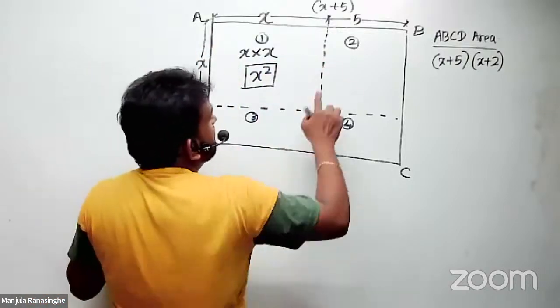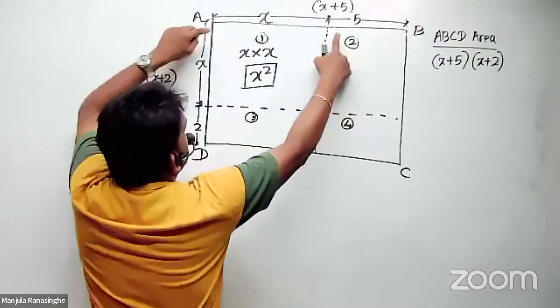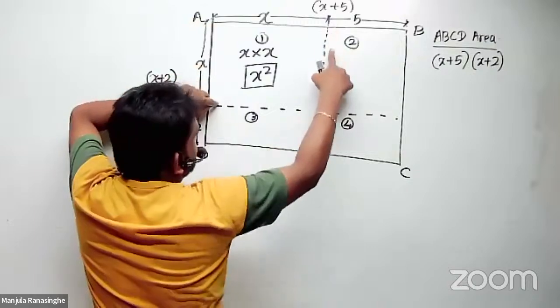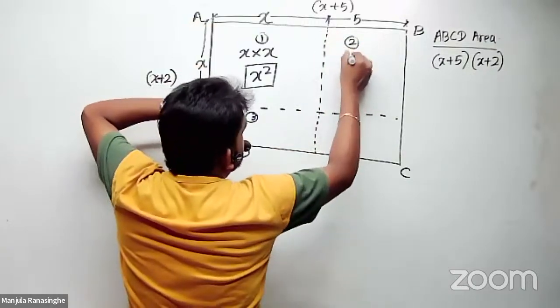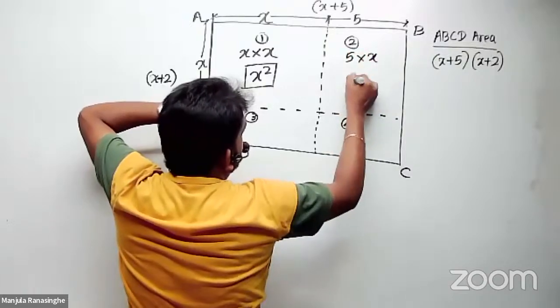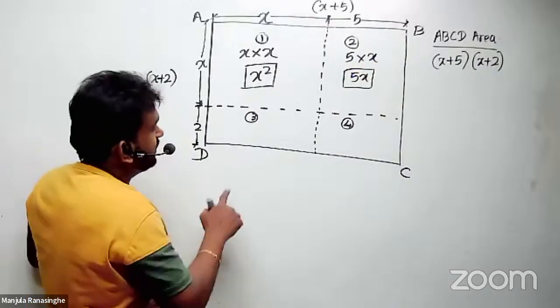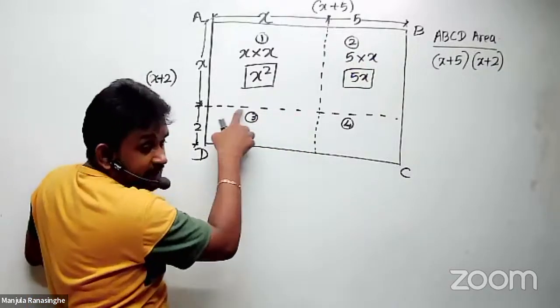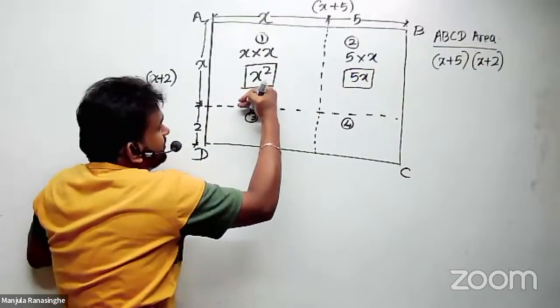See there. For the area of this second rectangle, the length is 5 and the breadth is x. So 5 into x, the area is 5x. Okay. The area of the third: this part is x and this part is 2.